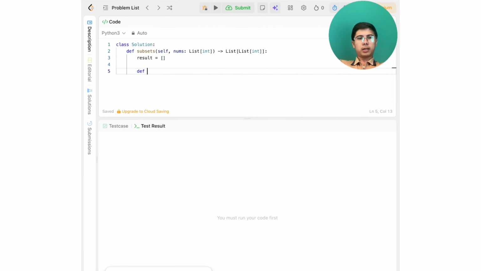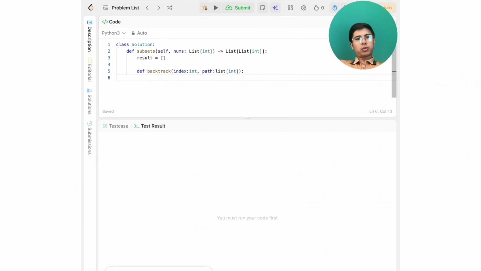And we need to write a separate function named backtrack to create a recursive function, with index as an integer, and path, which is a temporary result, a list of integers.